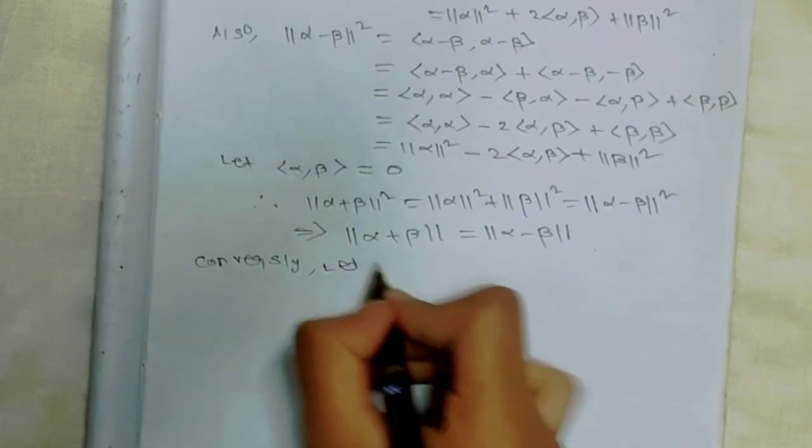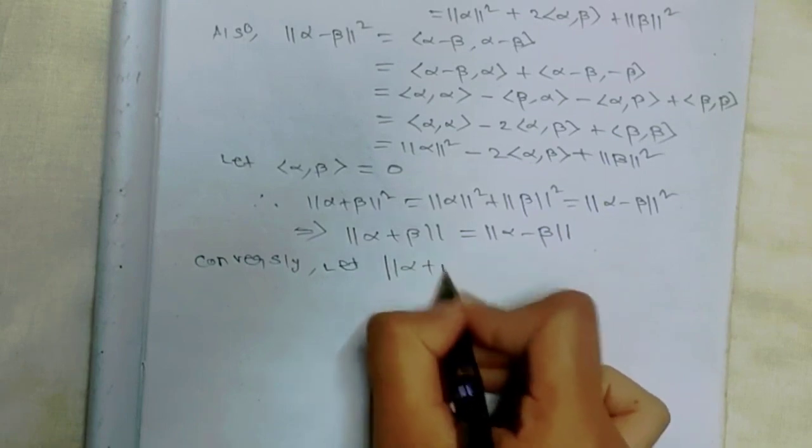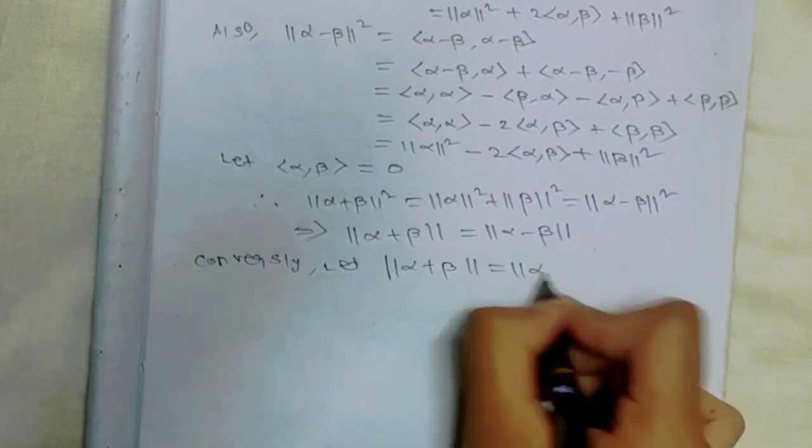let norm alpha plus beta equal norm alpha minus beta.